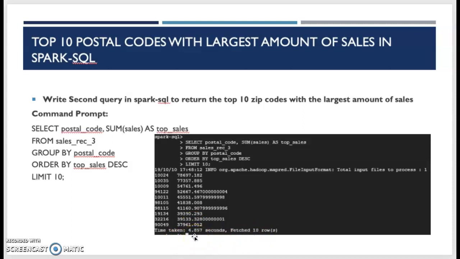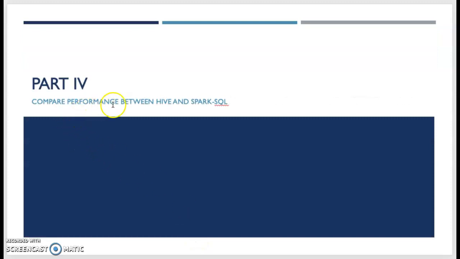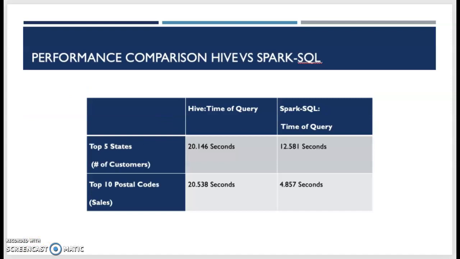So now we move on to part 4, comparing performance between Hive and Spark SQL. Here's a table from the report that gave the comparison in time of how many rows were retrieved with our query and the time it took between Hive and Spark SQL.